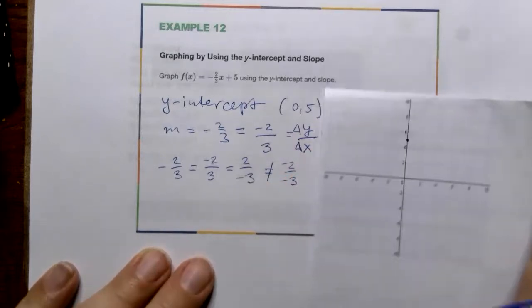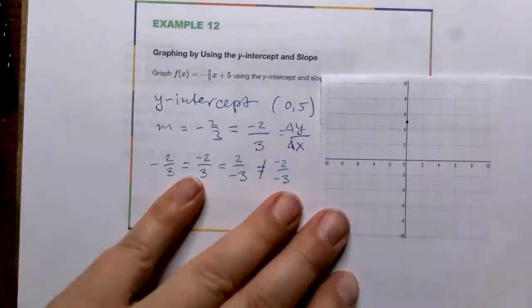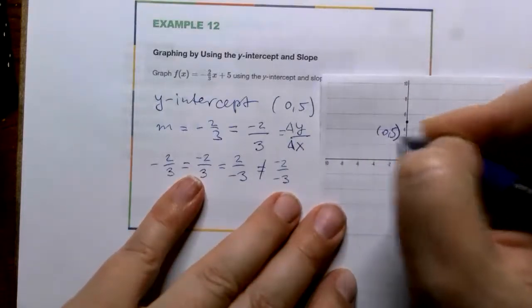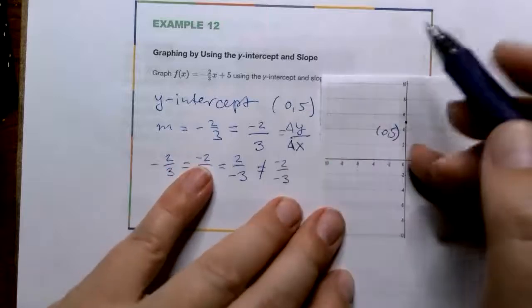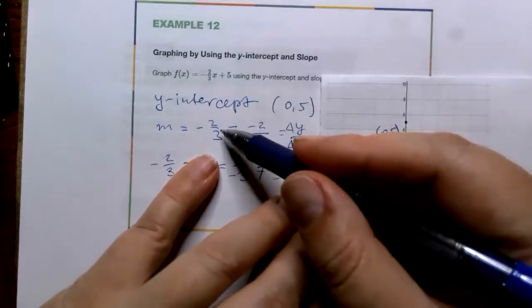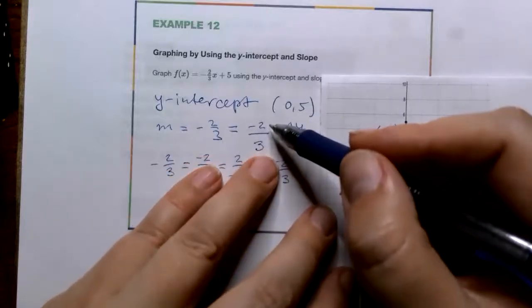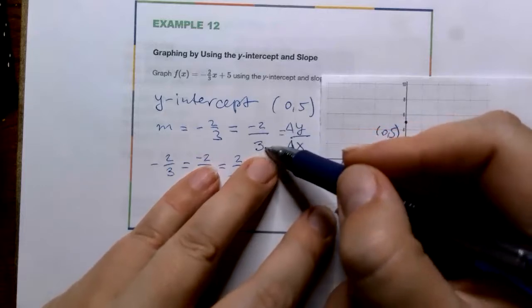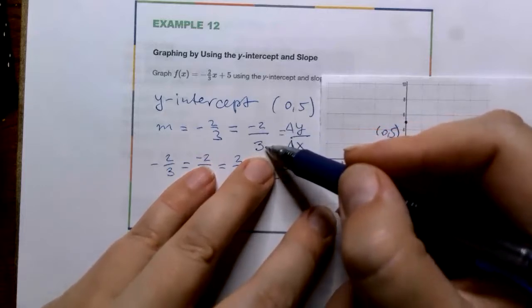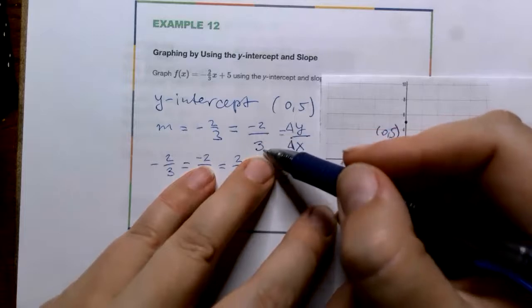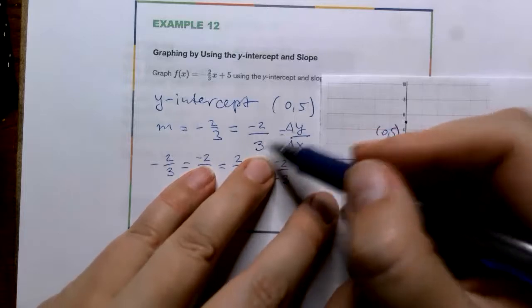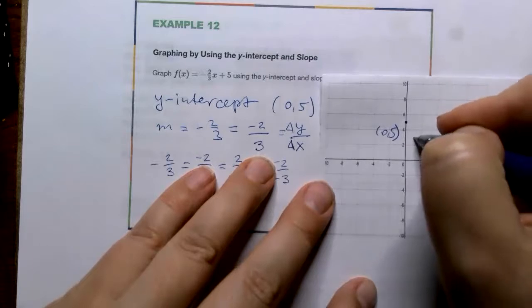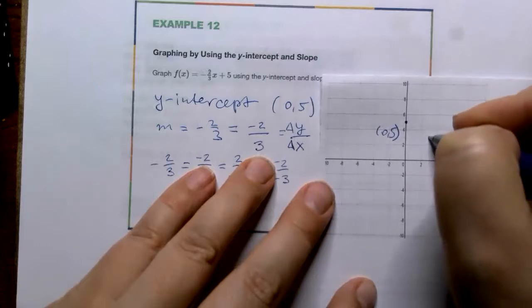Okay, so with that said, we have a point of 0.5 here, and so the slope says that in order to get to the next point, we need to go 2 steps down and 3 steps to the right, and this way we're going to end up on the line again. So let's do this. 2 down, 1, 2, 3 over.